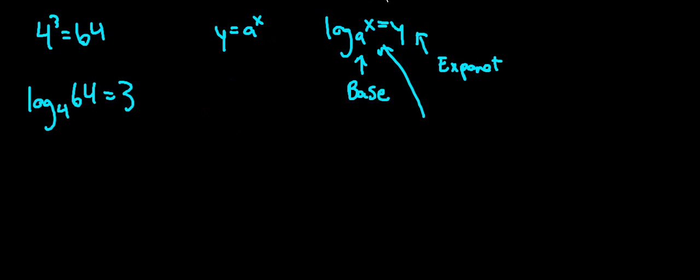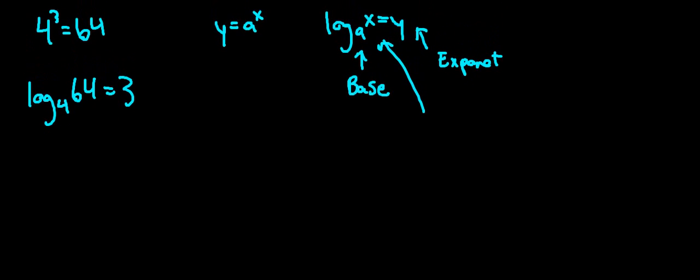Let me do one more. That'll be a little bit trickier. Not really trickier, it's just different. So suppose I have a to the minus 2 is equal to 7. Here it's the base that's unknown, but it's still written like any other logarithm.